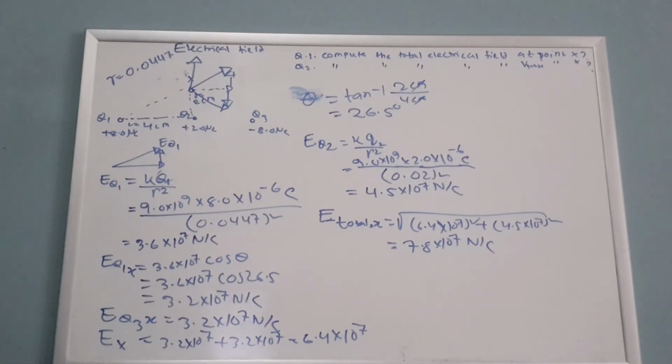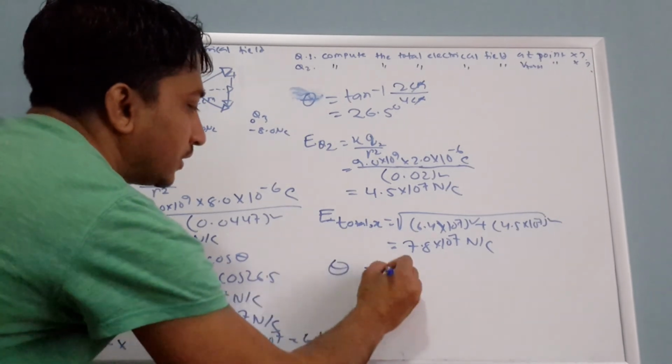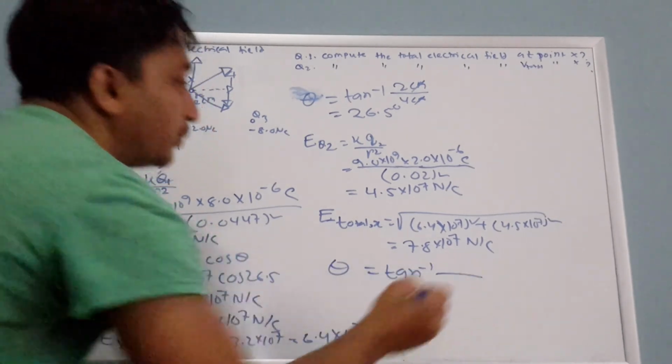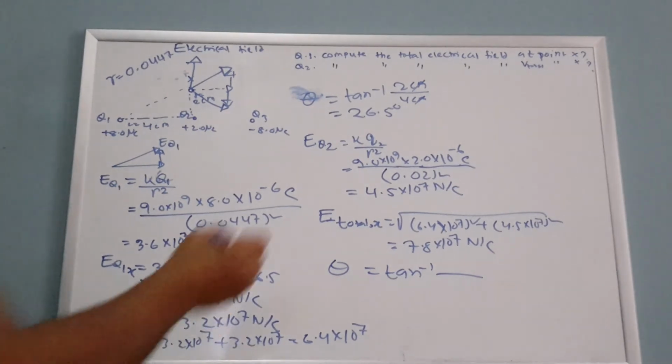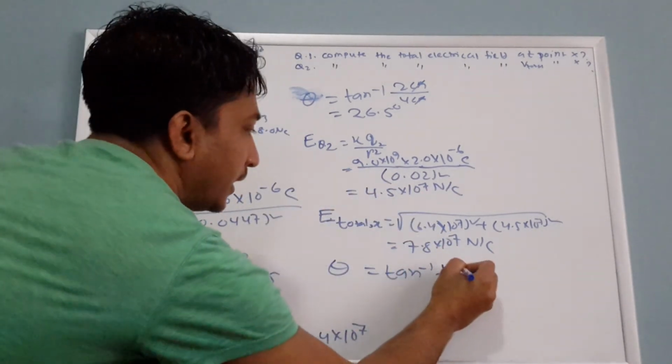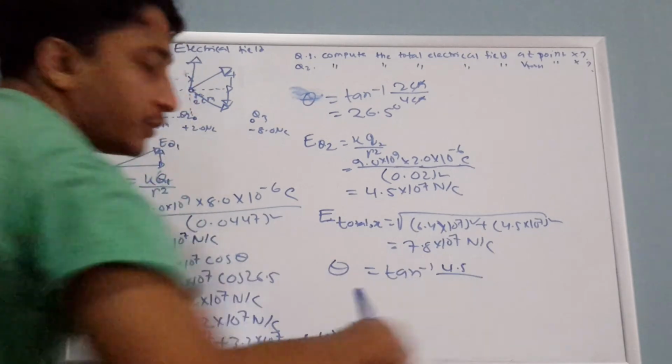Right now we have to find our angle. Theta is equal to tan inverse of opposite over adjacent. The opposite is 4.5 and the adjacent is 6.4.